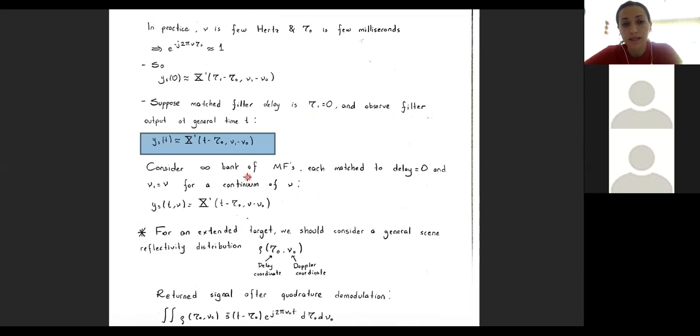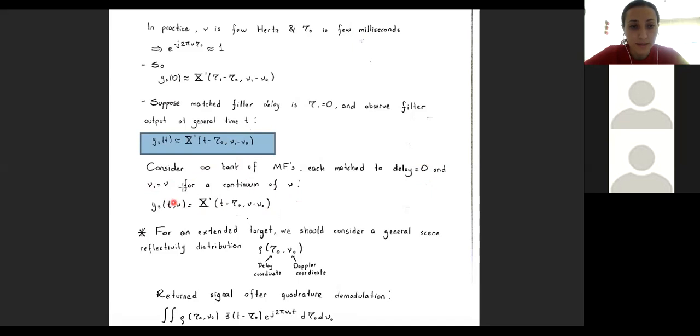Now we want to make an infinite bank of these match filters. All of them have delay parameter 0, but each has a different velocity parameter v1. So let's say we have an infinite bank of match filters with a continuum of v parameters, where v1 is a continuous valued parameter v.